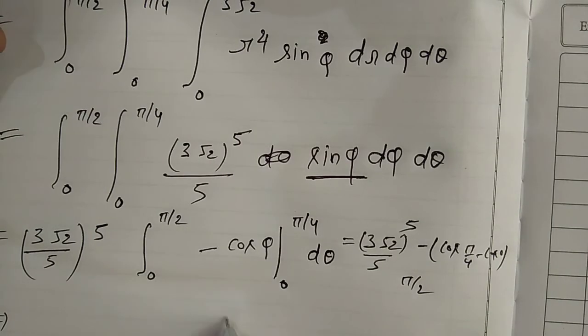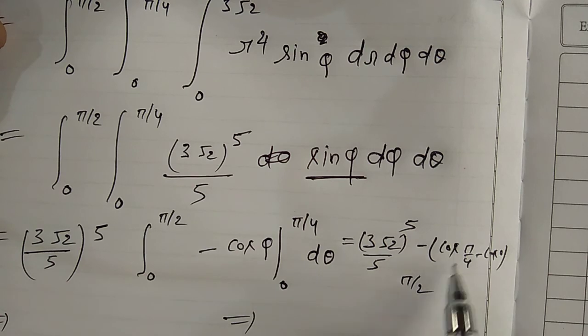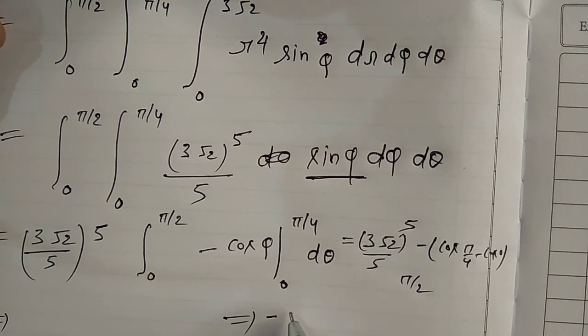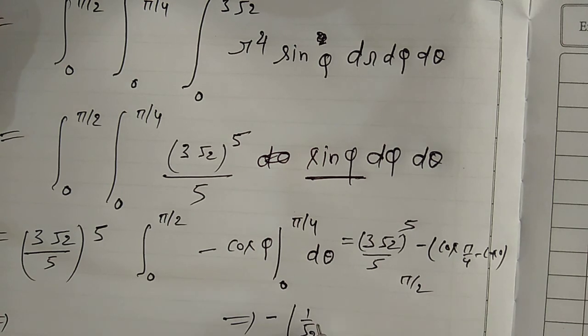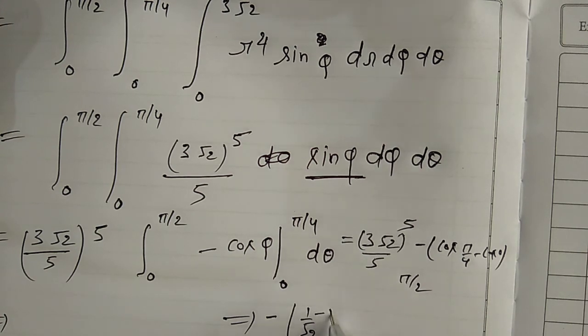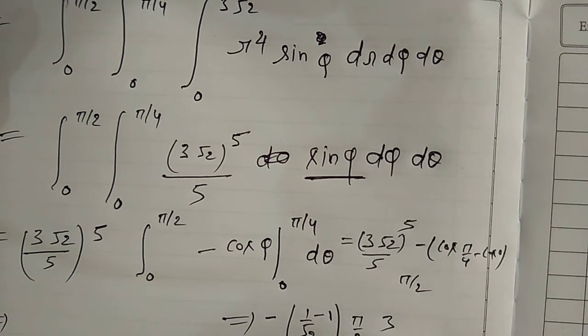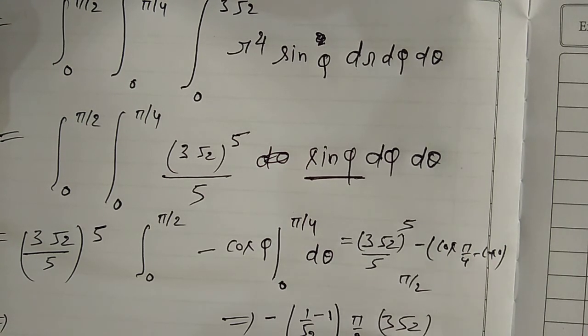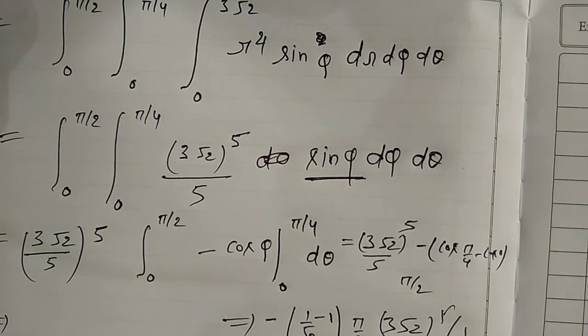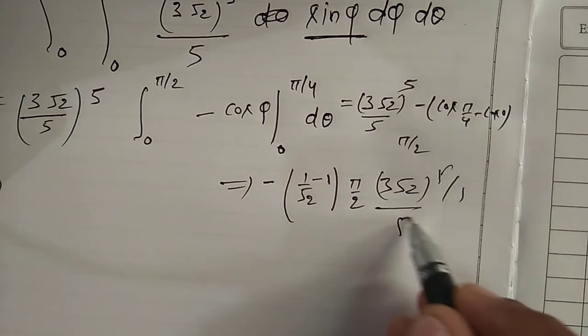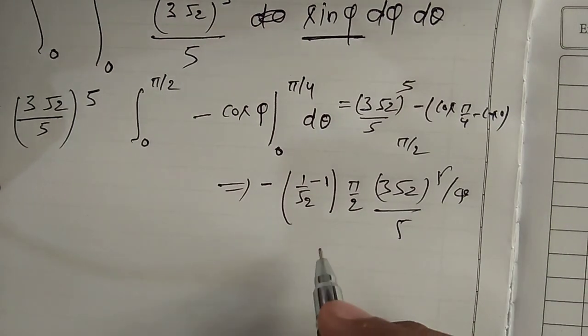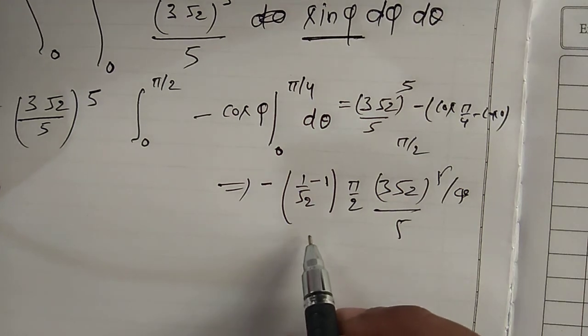So finally your answer will be: minus cos pi by 4, which is 1 upon root 2, minus 1, times pi by 2 and 3 root 2 power 5 by 5. So this is the answer.